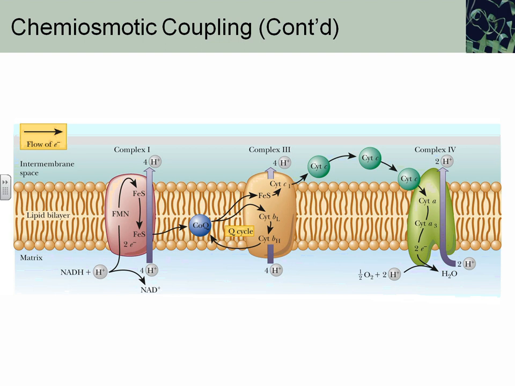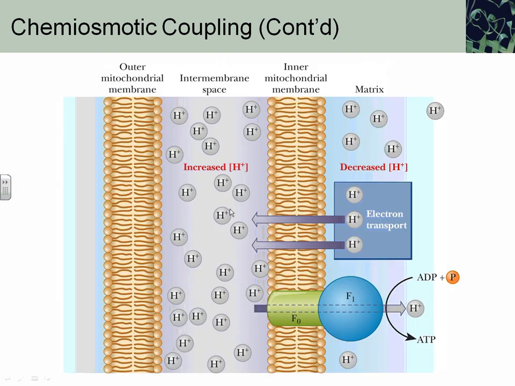It turns out the ATPase will be here so that those protons can flow back through the ATPase down their concentration gradient. Now that the protons are back down here, they can be pumped to the intermembrane space again.